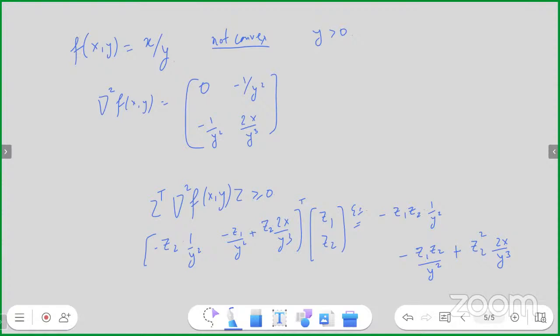If x equals y to 1 and z1 is greater than z2, then we get negative. Good. If I leave something, I expect you to go back home and check it for yourself. It's always good to know x by y is not strongly, not jointly convex. Now the question is, is it quasi-convex?